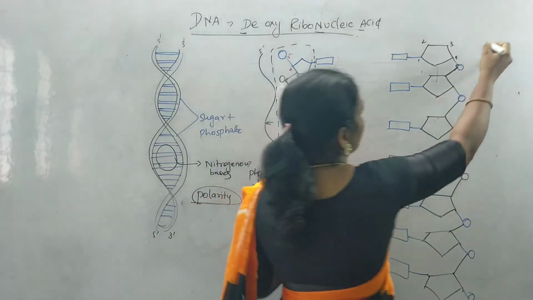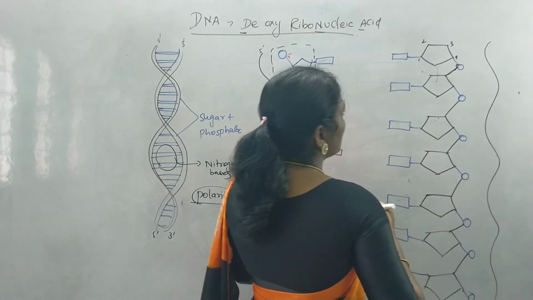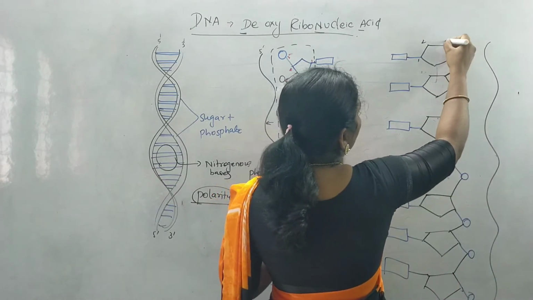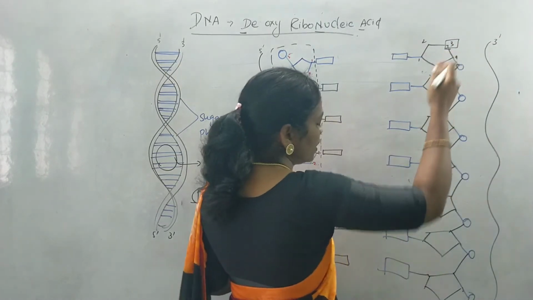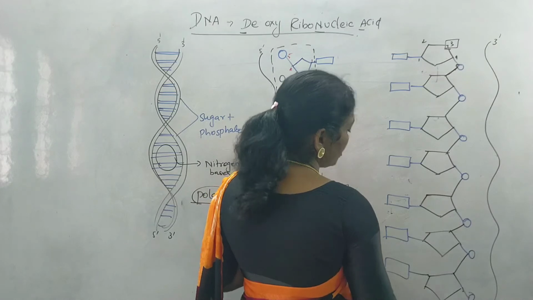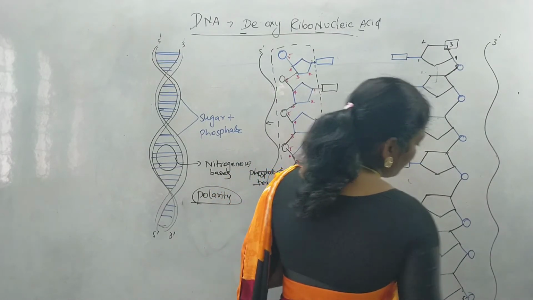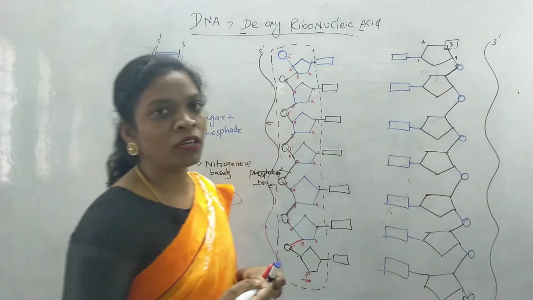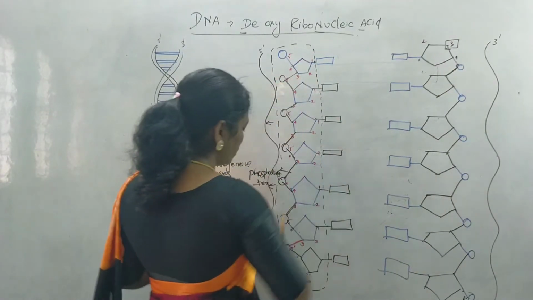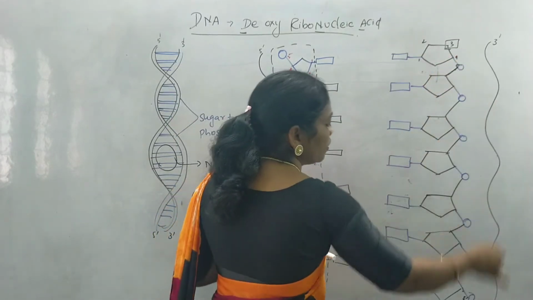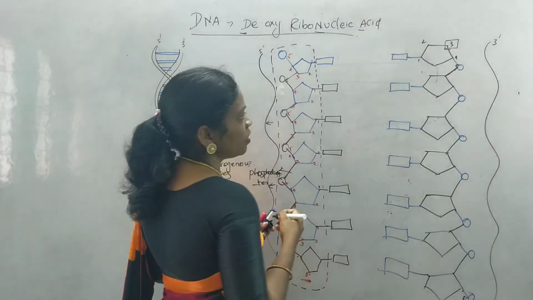I'll draw the strand here. Here the third end is free, so it goes with the 3 prime end, and here it ends in the fifth carbon atom, so I'm writing 5 prime with the phosphate functional group. This is how the polarity of these strands has been marked as 5 to 3 prime direction or 3 to 5 prime direction.